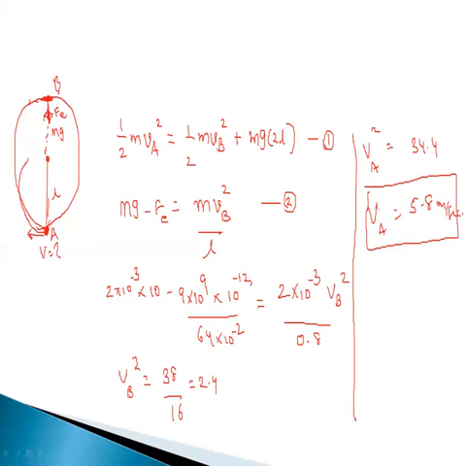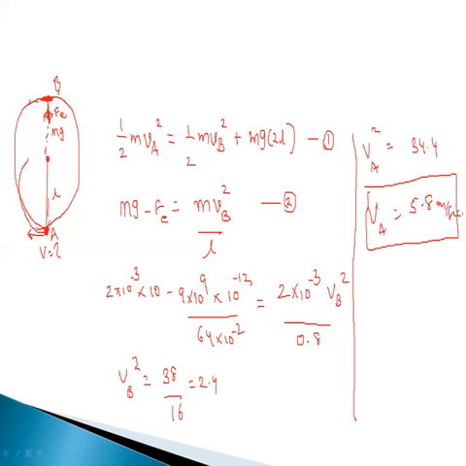For having complete rotation, first of all you have to take two equations. One is energy conservation: the kinetic energy given at the bottom part is equal to the kinetic energy remaining in the upper part plus the potential energy change, that is mg into 2L.